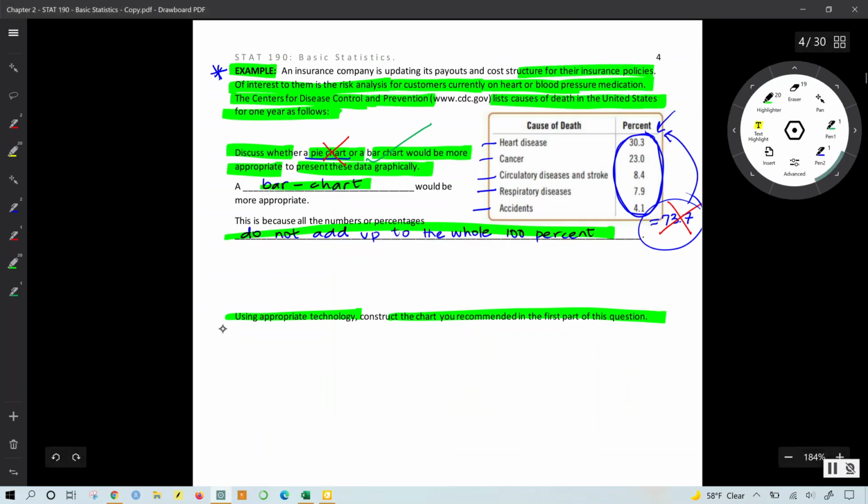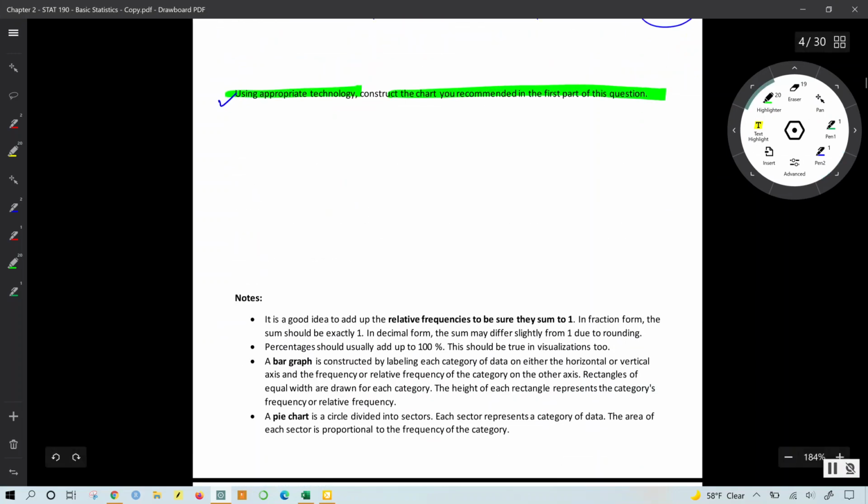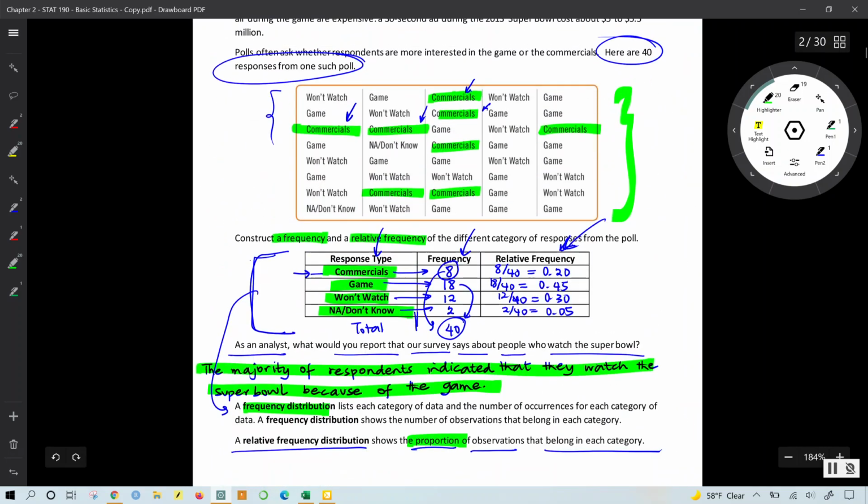Now that we have used technology to construct a bar chart, it is time to take a few notes. The first important note is that whenever we add up our relative frequencies, they must always sum up to 1. Just to remind us, this is true in the data we worked with earlier. If we add up all of these numbers, it should add up to approximately 1.